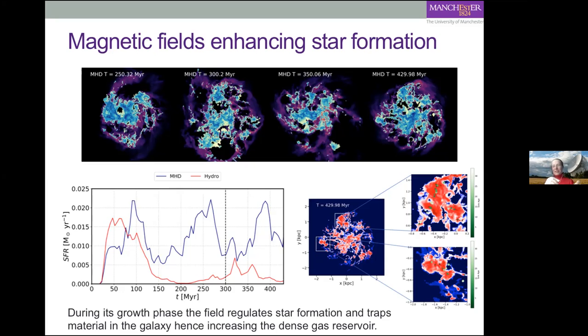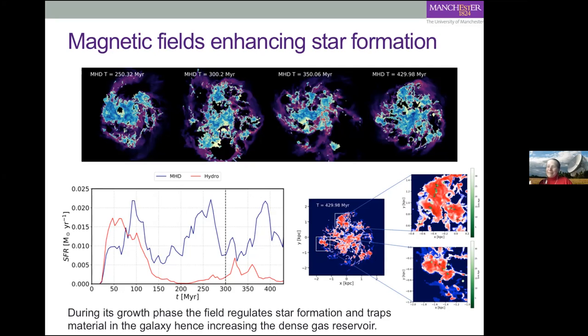And that's because the magnetic field lines threading the galaxy make it harder to blow material out of the dwarf galaxy due to supernova feedback. And so we found that there was almost a factor of 10 increase in the star formation rate of these galaxies when you include a weak magnetic field, such as you might expect in a dwarf galaxy formed early in the universe.